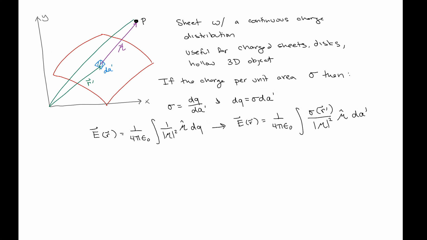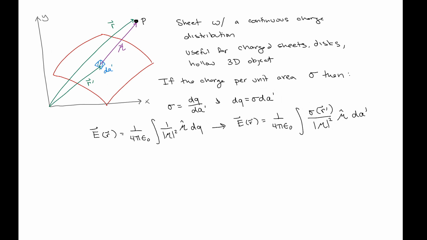The other position vector just points to the actual point where you're calculating the field, which is what comes in right here. And then this is the magnitude of this vector, and this is a unit vector in that same direction but with a magnitude of 1. Okay, so that's for our sheet of charge.